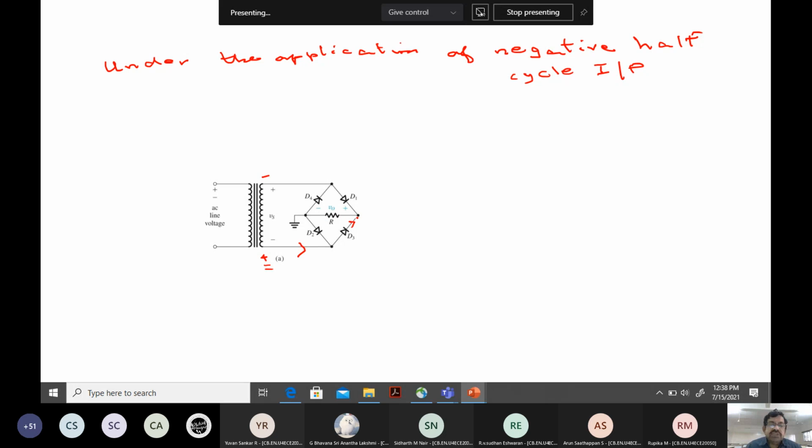Again, at this node, D1 is actually reverse biased. Therefore, the current will only flow like this. At this point there is no current flow here, since it is reverse biased. So it has to flow like this and complete over here.